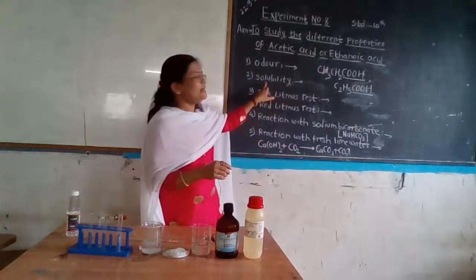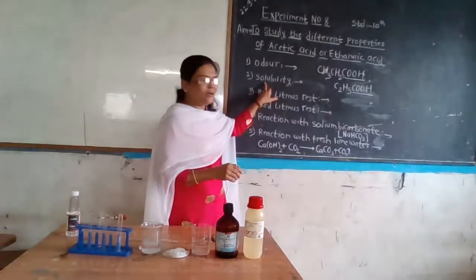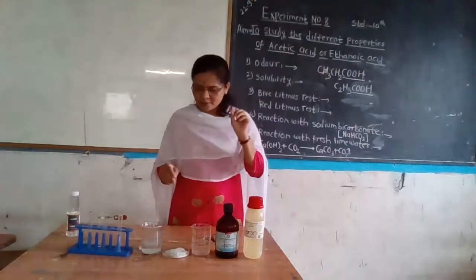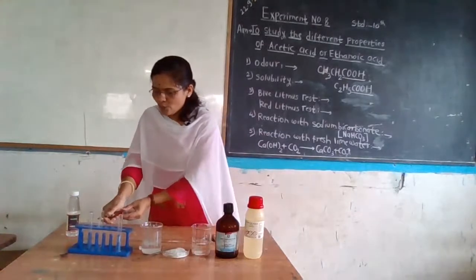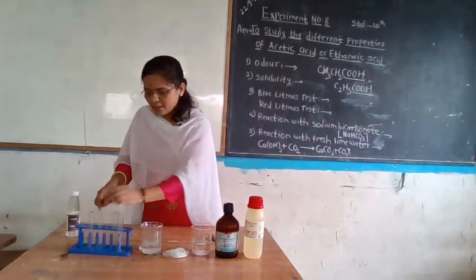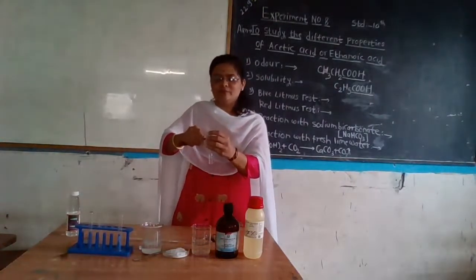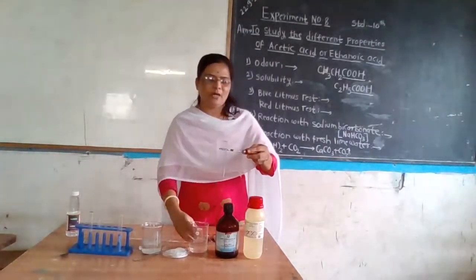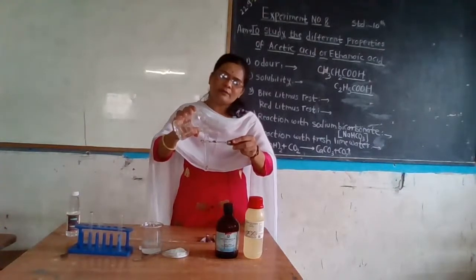Then the second property is solubility in water. Is acetic acid soluble in water or not? For testing, take the test tube again. Take the test tube and take the distilled water.